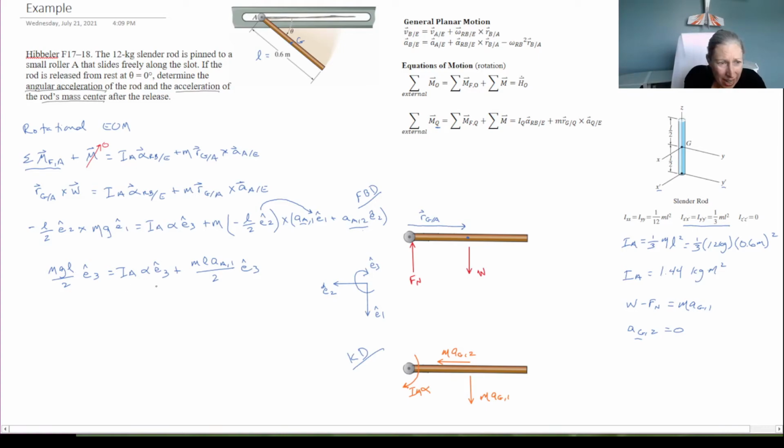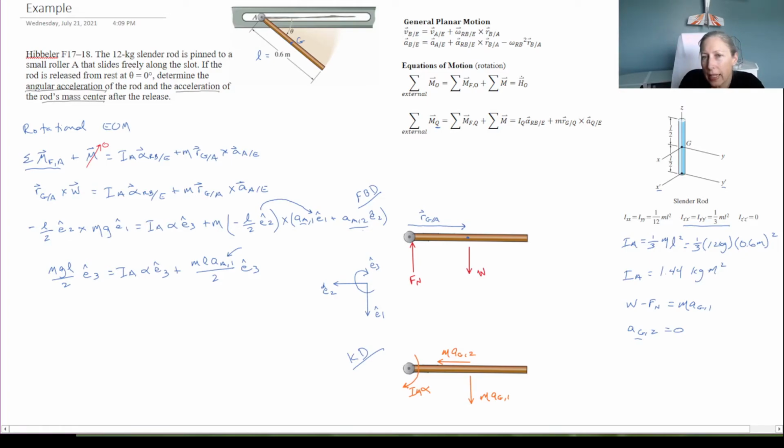All right, and now I have two unknowns, but maybe I can get rid of something else. So what about this acceleration of point A in the E1 direction? Can we say anything about that? So let's look at our picture.